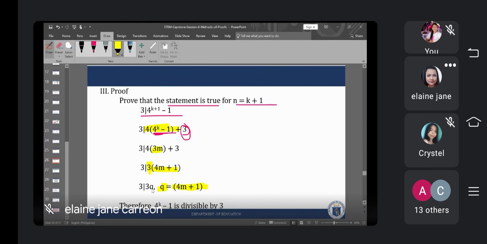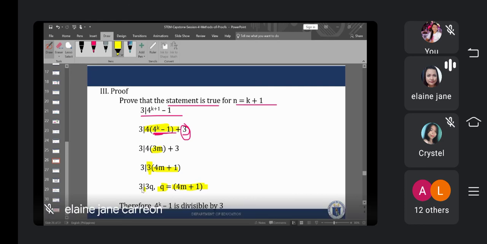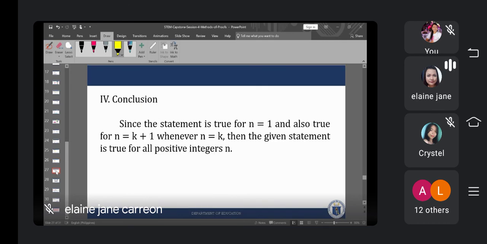So, palitan natin si 4m plus 1 by q. So, we have 3q. So, therefore, napakita natin that 3 divides 3q, therefore 4 raised to k plus 1 minus 1 is divisible by 3. So that is our stage 3.